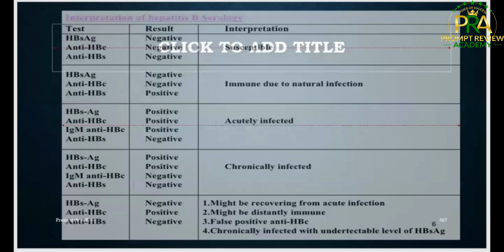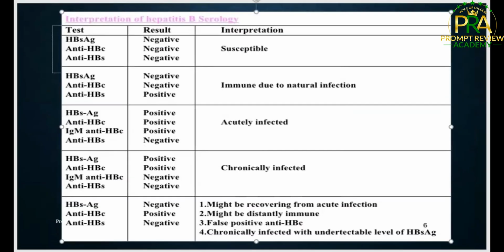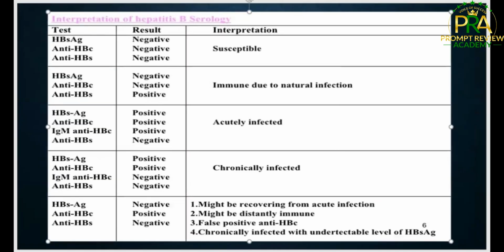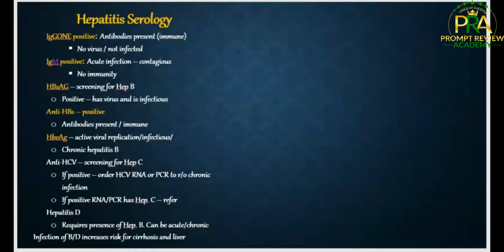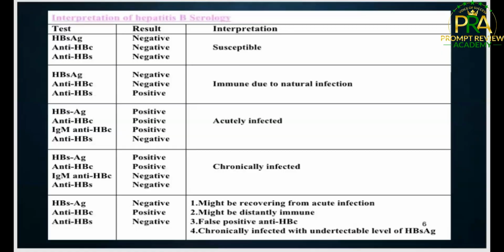When they give it to you in the exam, it's either they give you A or B or C or D, and they ask you a question. They put it like this: HBsAg negative, anti A. Something like that, they put it for you and they ask you to interpret it.